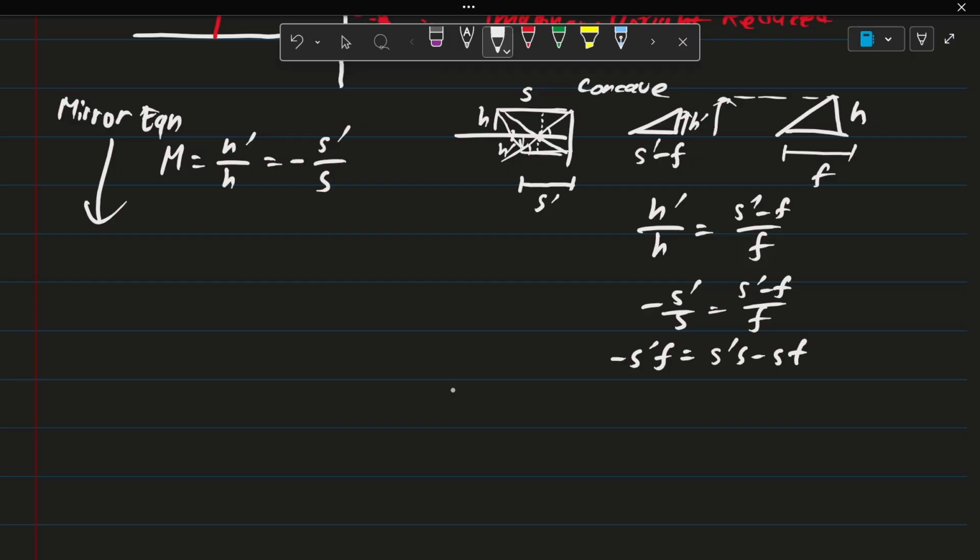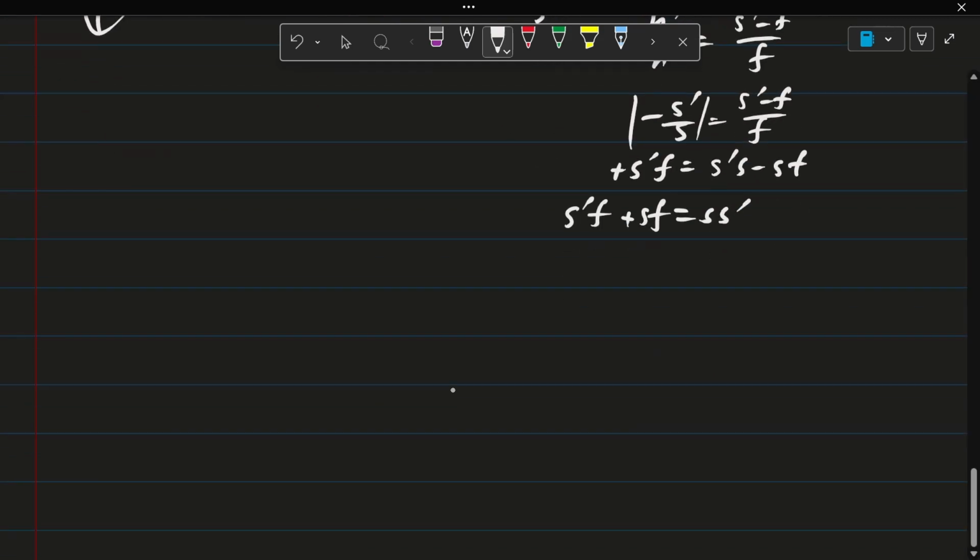Sorry, my bad. Technically this is the magnitude, because we are dealing with geometry. That means we don't have any negative values, so everything has to do with length, so this is positive. With this we could say S prime f plus S f equals S S prime. So divide everything by S S prime f. What we get is 1 over S plus 1 over S prime equals 1 over f. And this is your mirror equation.